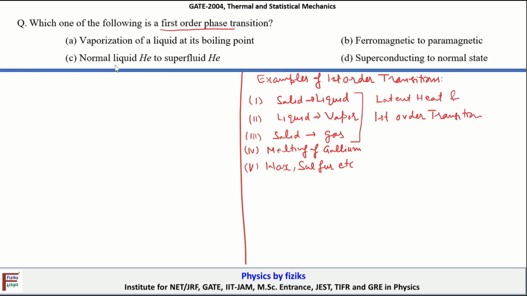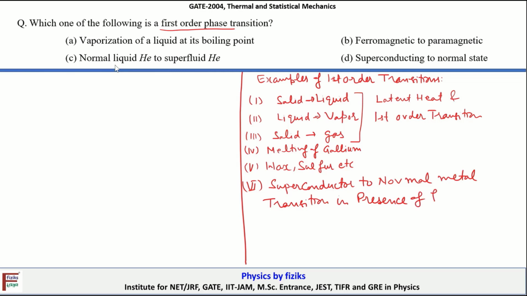And another example, the sixth one, is the superconductor to normal metal transition, but in presence of field.